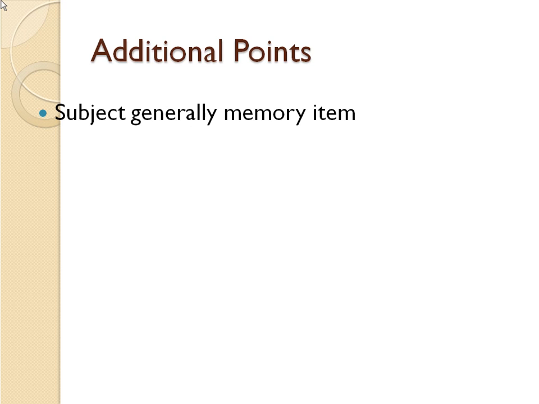Some additional points. The subject is generally a memory item. It could be a memory variable you've set up, or it could be an item off of the form when we get into Visual Basic. It looks like it's on the screen, but remember, anything you see on the screen is actually in memory. Therefore, you would not code something like 21 less than age.